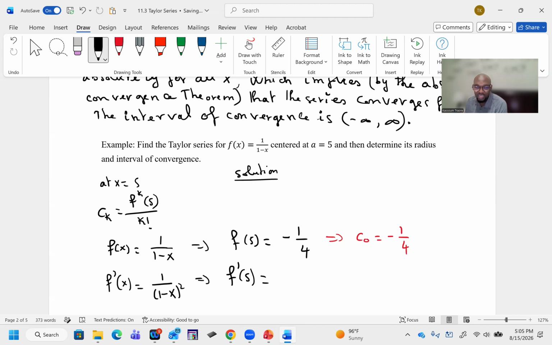So it will be 1 minus 5, which is negative 4, but squared will make it positive, right? So it will be 1 divided by 4 squared, which means my c1 will be 1 divided by 4 squared divided by 1 factorial, which is 1 divided by 4 squared, right?